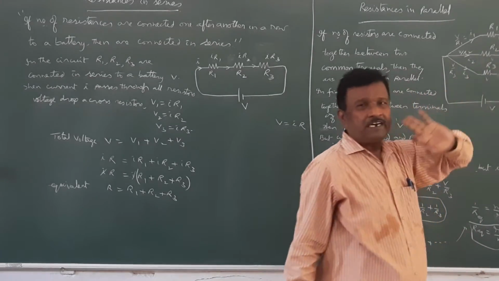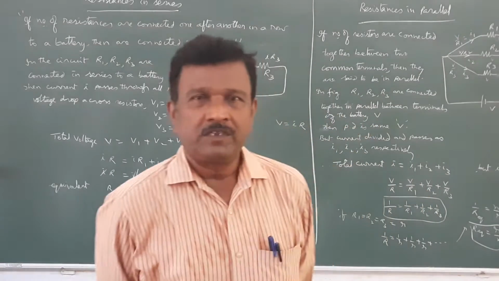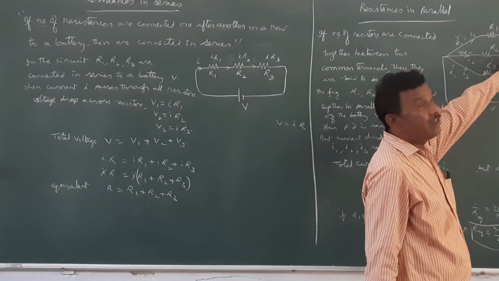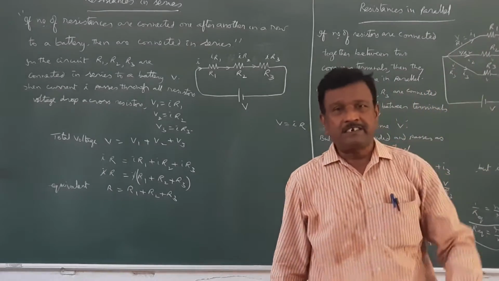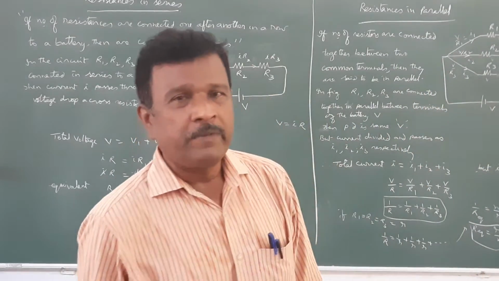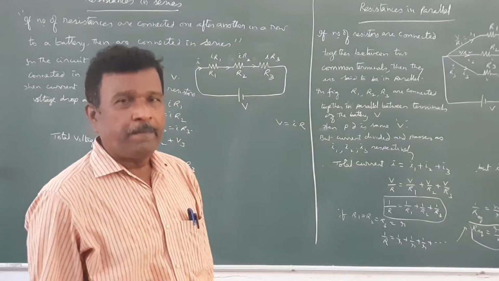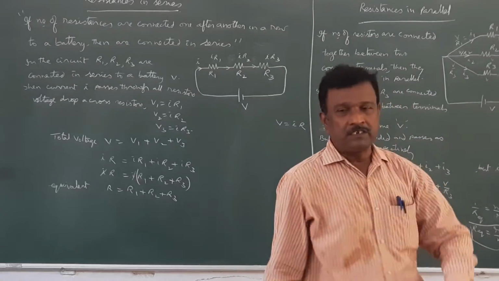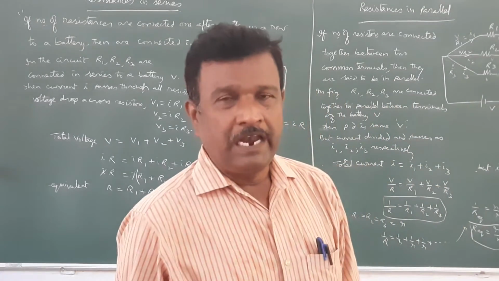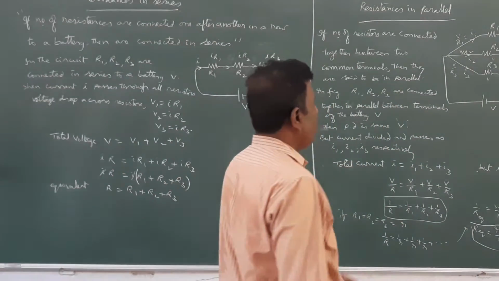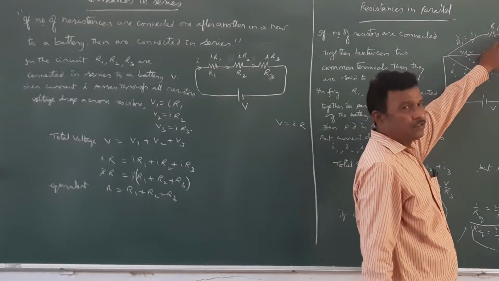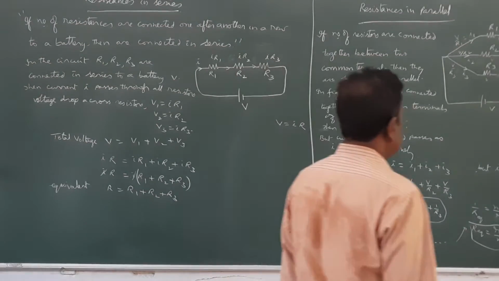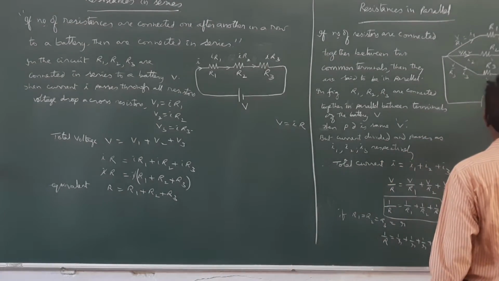When a number of resistors are connected in parallel, their equivalent resistance is always less than the lowest resistance connected in the circuit. So, in parallel combination, the equivalent resistance is always less than the lowest value of resistance that is connected in parallel. So this is the parallel combination of resistors.